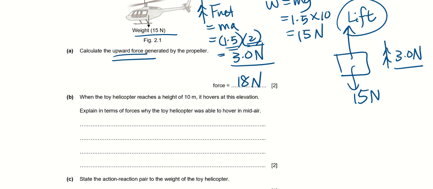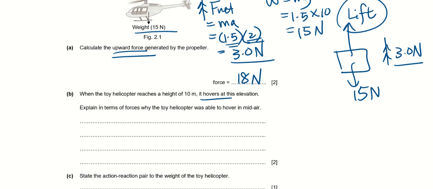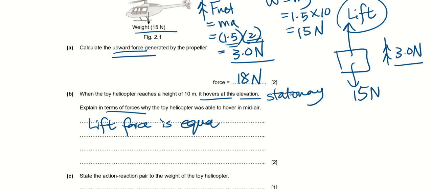When a toy helicopter reaches a height of 10 meters, it hovers at this elevation. That means it's stationary over there, not moving up or down. Explain in terms of forces why the toy helicopter was able to hover in mid-air. In terms of forces, the lift force is equal and opposite to weight, right?